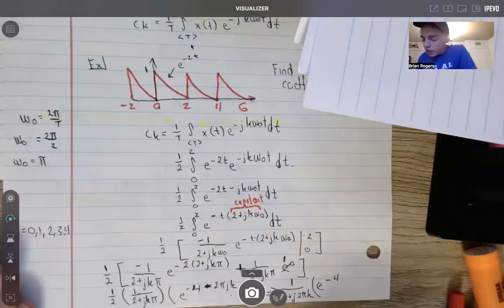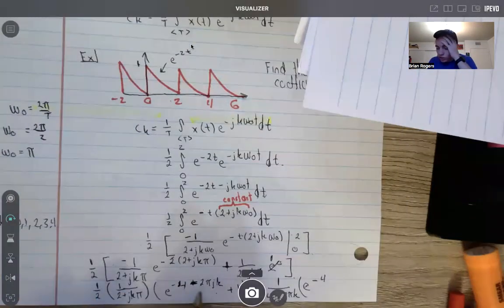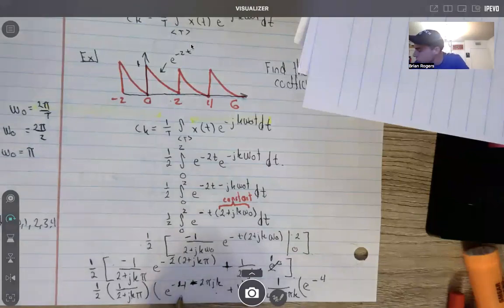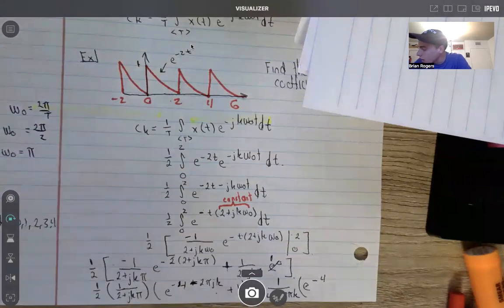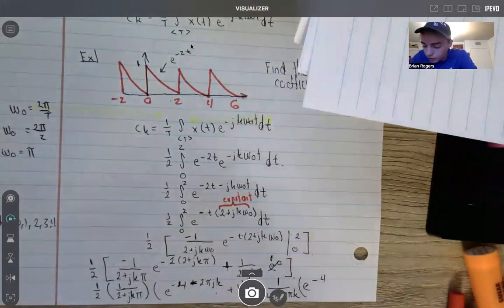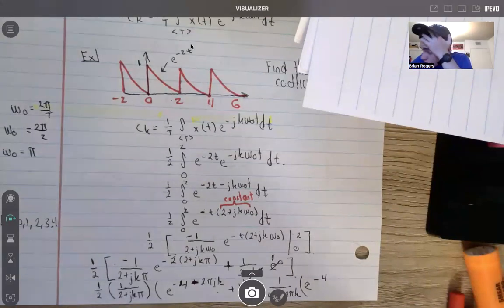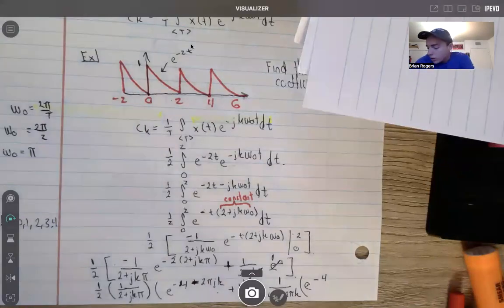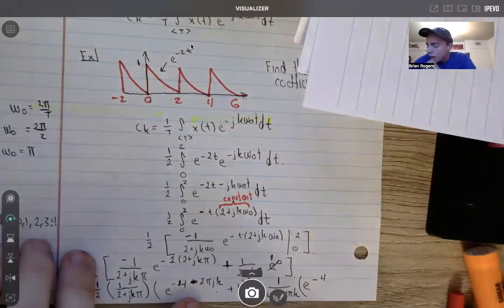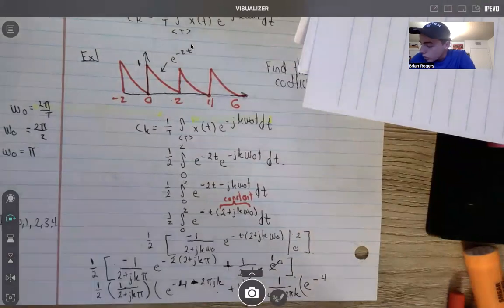So 2 pi times 0 will give you 0. If we have 2 pi times 3, that's going to give you 6 pi, right? And 6 pi, remember, this is your phase angle. Your phase angle is going to be 0. And so this term, e to the power of 0, is just 1.